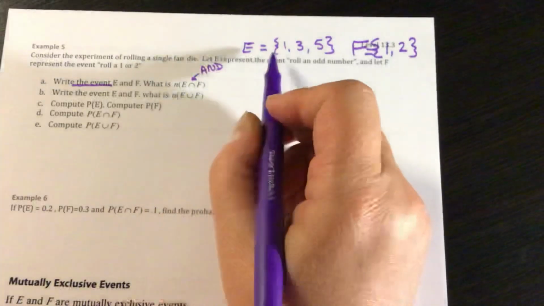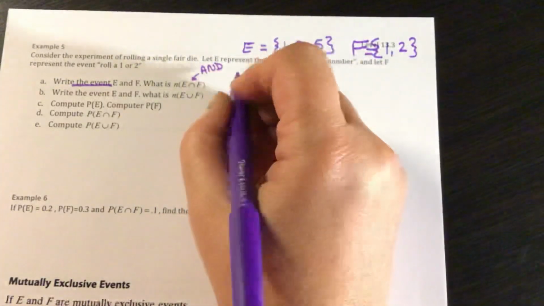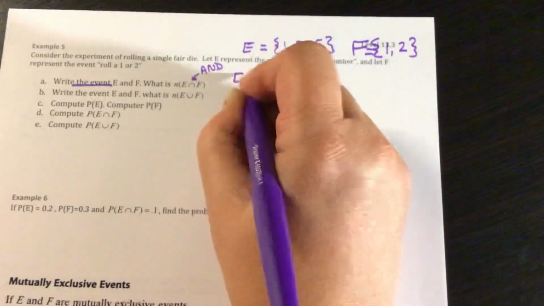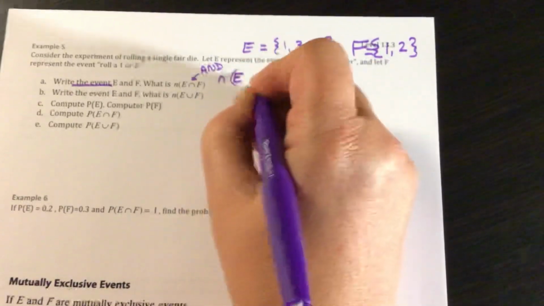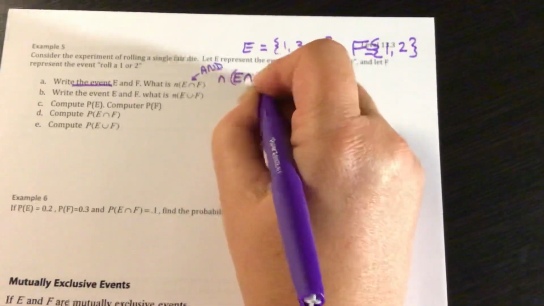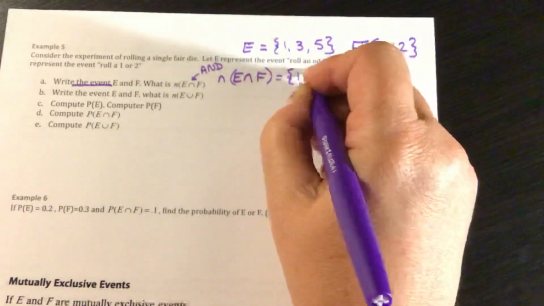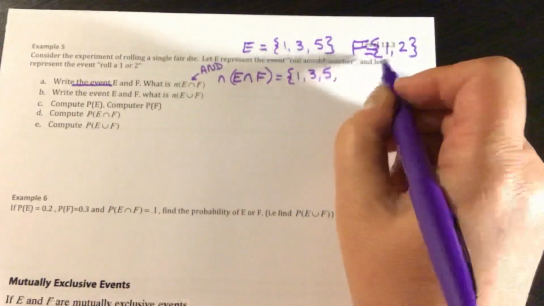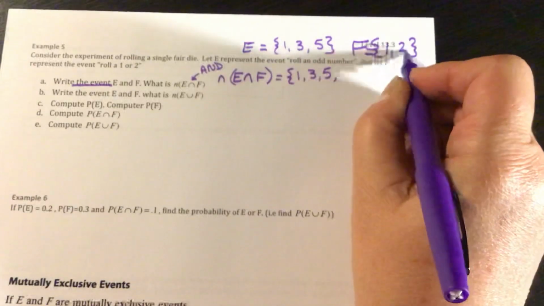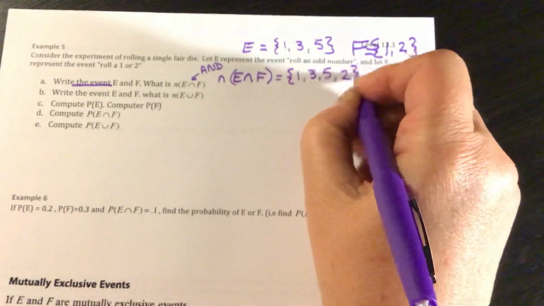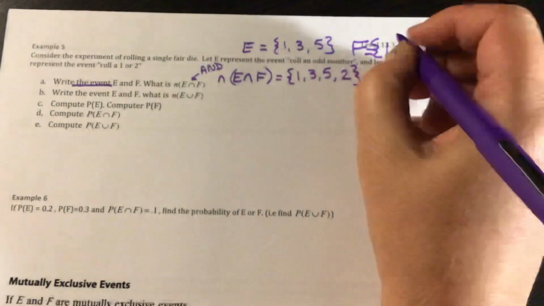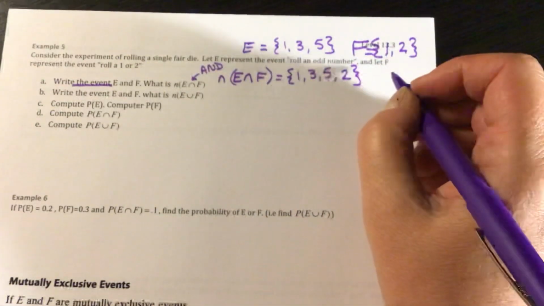So if I put E and F together, I'm going to have a 1, a 3, a 5, and the 1 is already there, but a 2. 1, 2, 3, and 5.